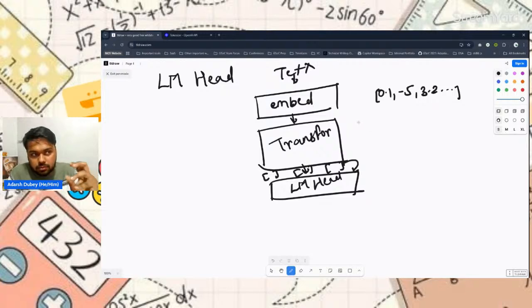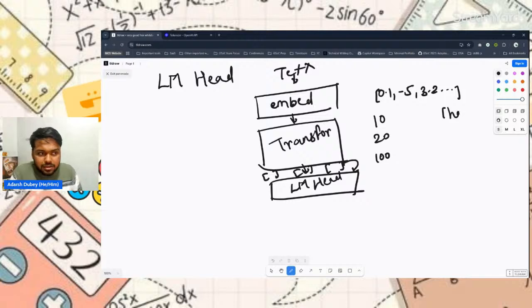99% of the time it will have no token corresponding to this. There will be no token in the vocabulary which corresponds to this exact embedding. It's a very rare thing to have a token correspond to this exact embedding. So what the LM head does is it finds out the top 10 or top 20 or top 100, however many you want, words which correspond to this particular embedding.